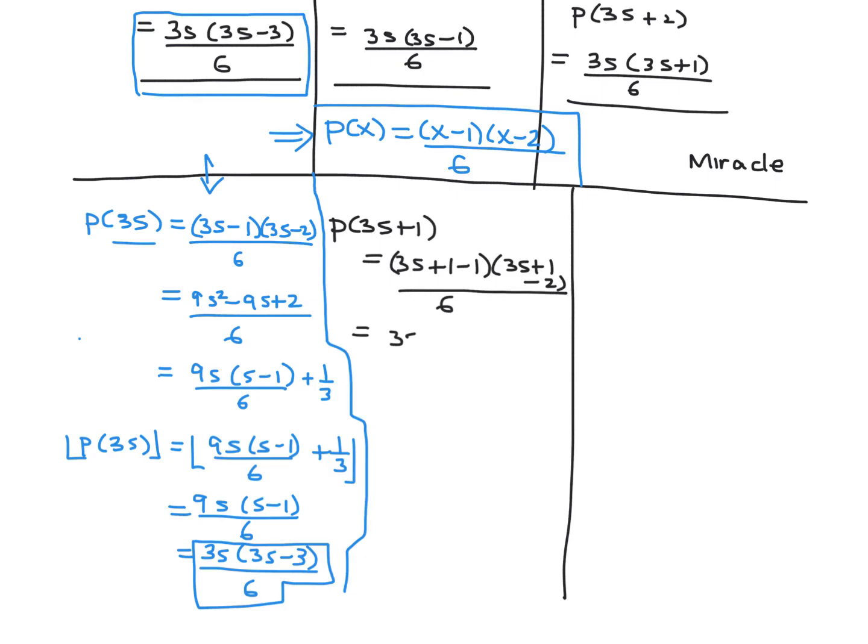And that's 3s times 3s minus 1 all over 6. And then we've got to take the floor of this. So the floor of p of 3s plus 1, very similar to the other one. You're going to have sort of this fraction sitting out there, and when you take the floor, that fraction will disappear.